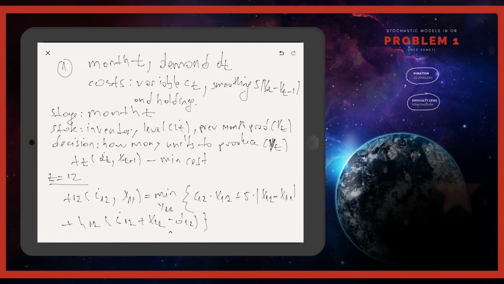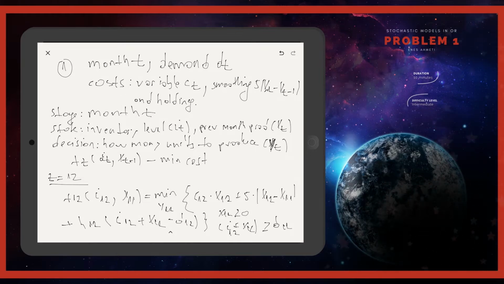And also I need to clarify that I cannot produce negative units, so I can only produce positive units or 0. And also I need to specify that the inventory level and the amount of units I produce during a specific month should be larger or equal to the demand during that month.